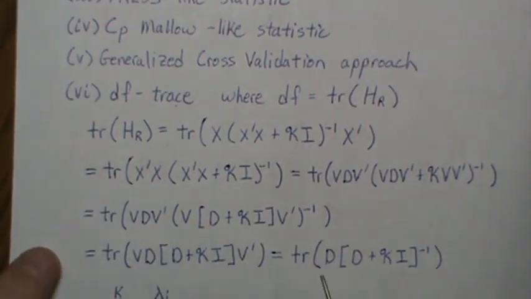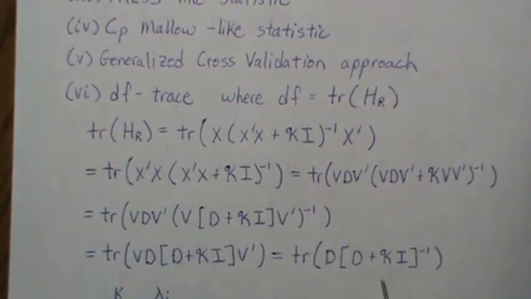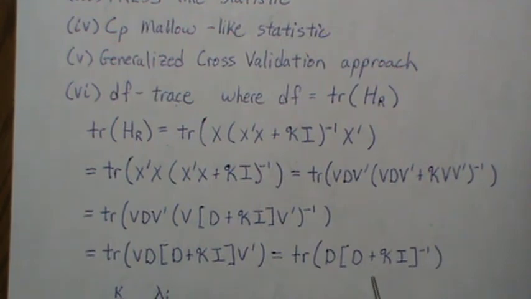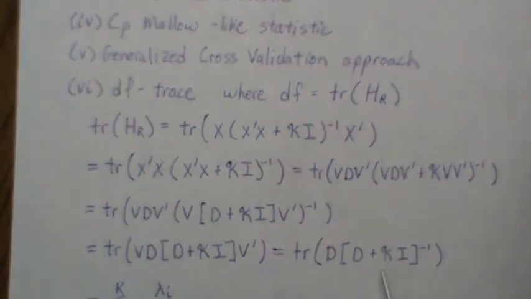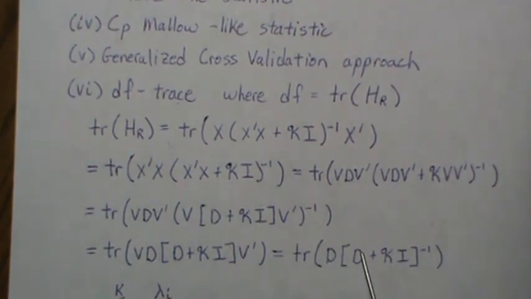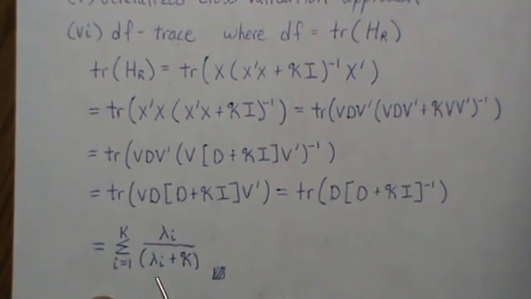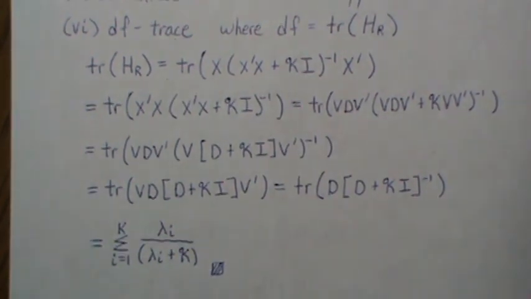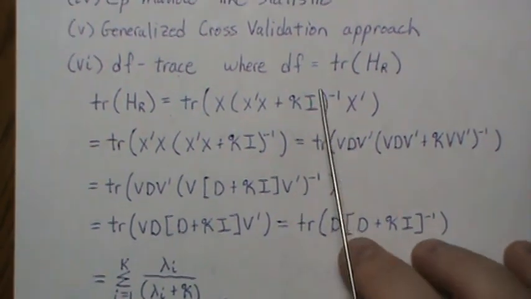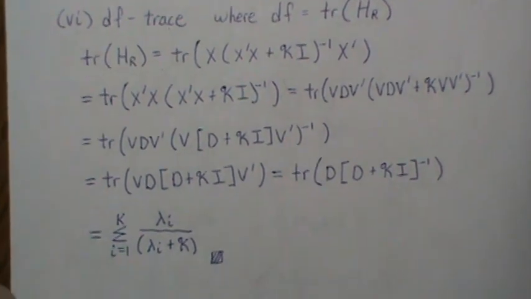So now we're taking the trace of a diagonal matrix, which is very straightforward. The inverse of a diagonal matrix is 1 over these elements, and we're taking it times D. So this ends up being the sum of lambda i divided by lambda i plus K. A lot of times in this DF trace you see this quantity and you wonder where the heck did that come from? Well, it's the trace of the hat matrix, and that's the degrees of freedom associated with it.